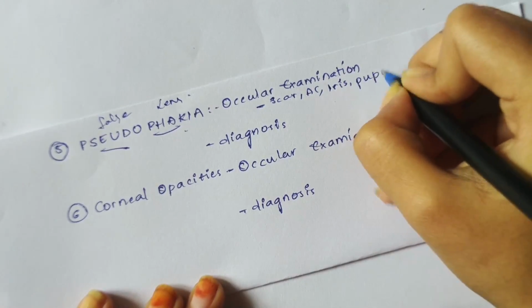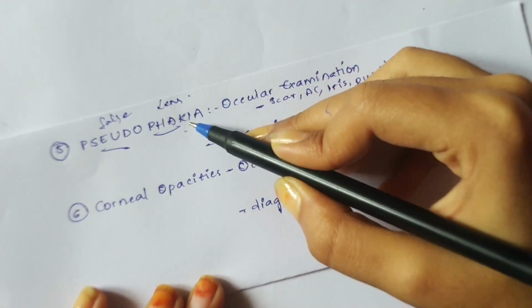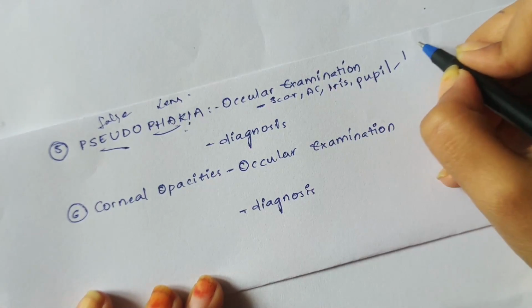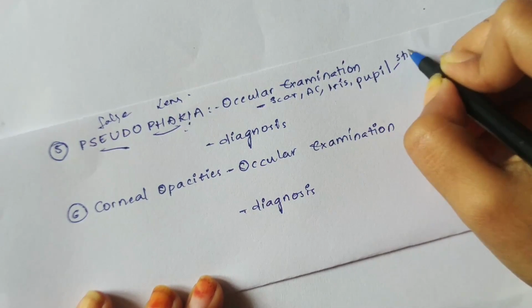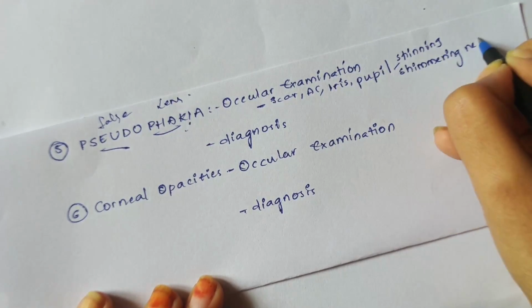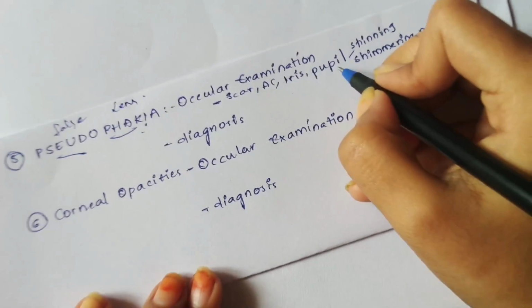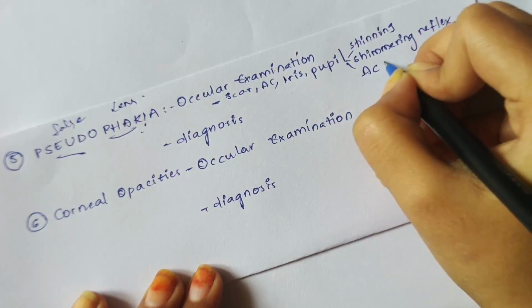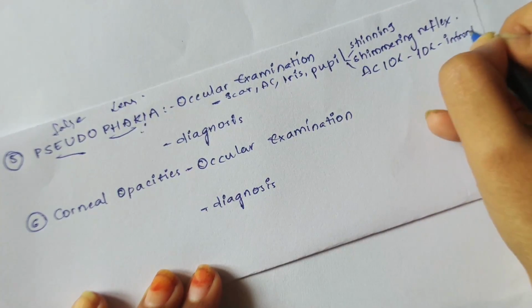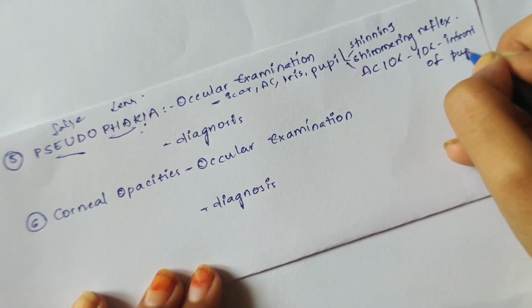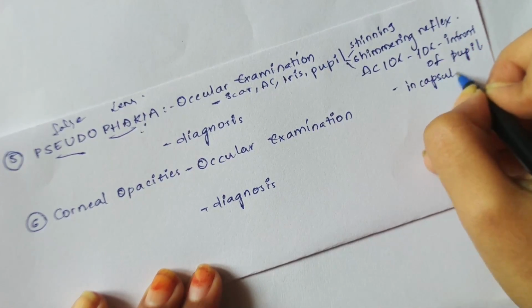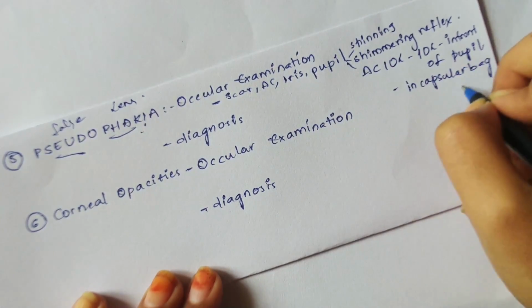And here the pupil is not jet black, because another lens is present, and due to its presence it appears shining and a shimmering reflex is seen. If it is an anterior chamber IOL, the IOL is placed in front of the pupil, but mostly it is placed in the capsular bag, that is, behind the pupil.